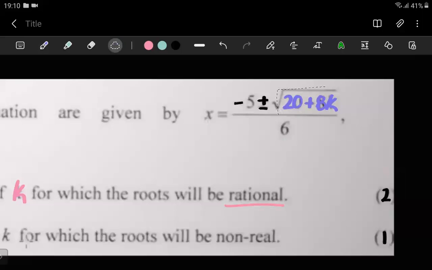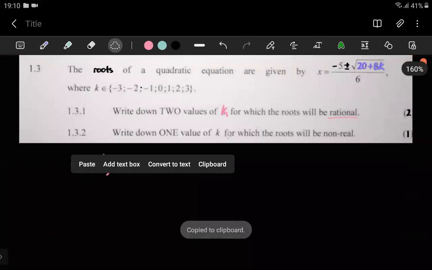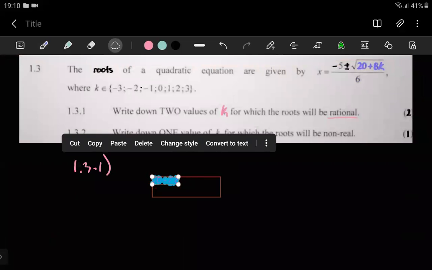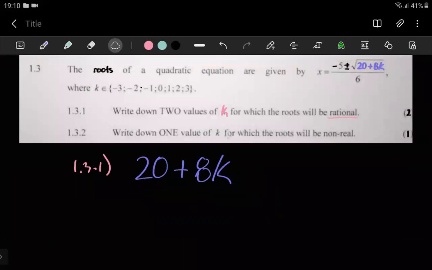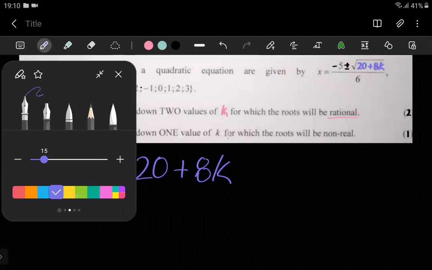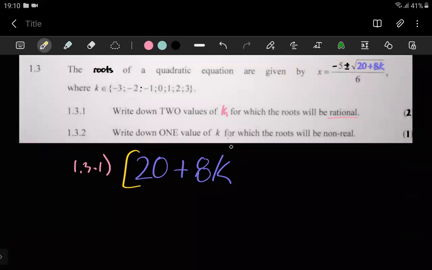Remember, they're asking us for which values of k the roots will be rational. So this is where your nature of roots theory comes into play. Anytime they're asking where your roots are rational, you want to think of a situation that will result in this thing here being a perfect square.